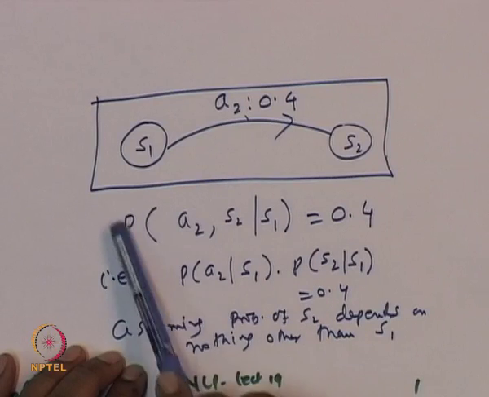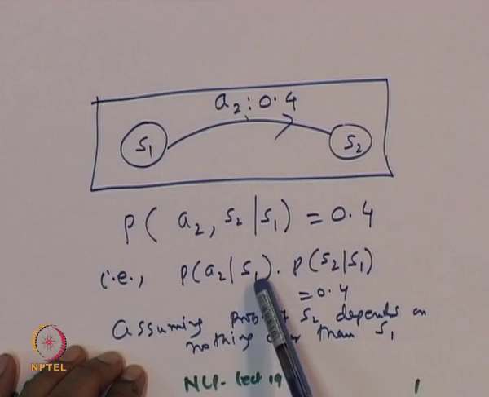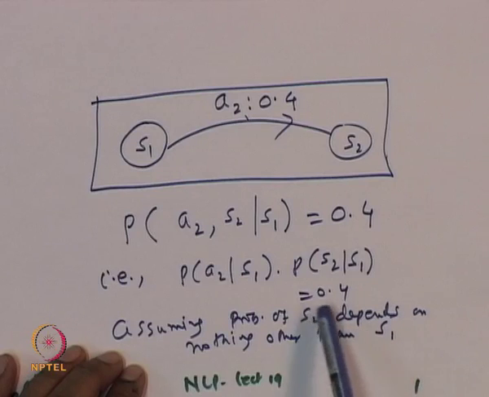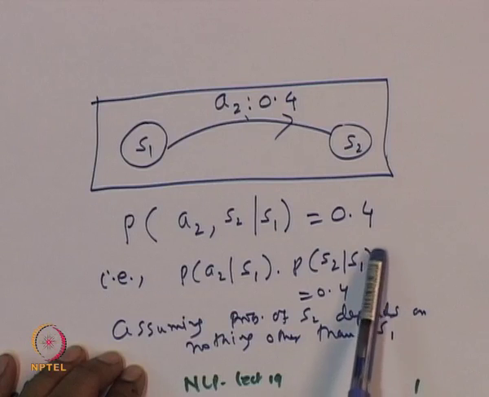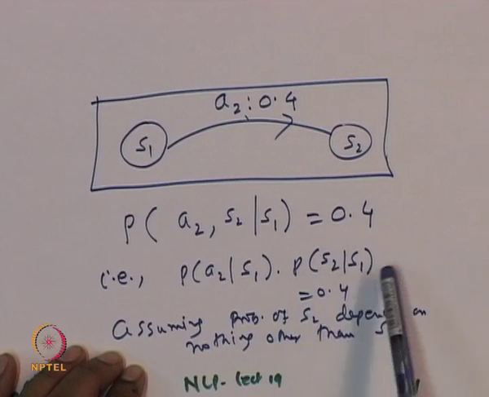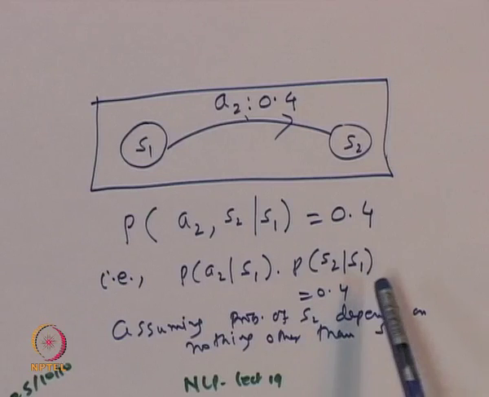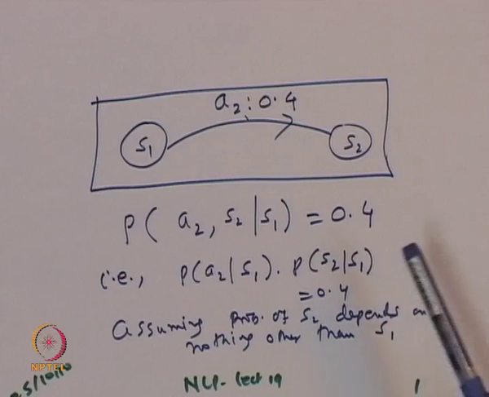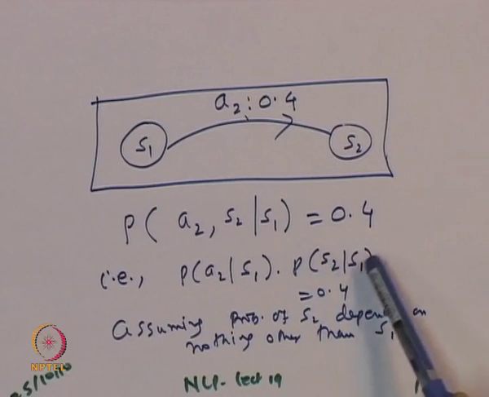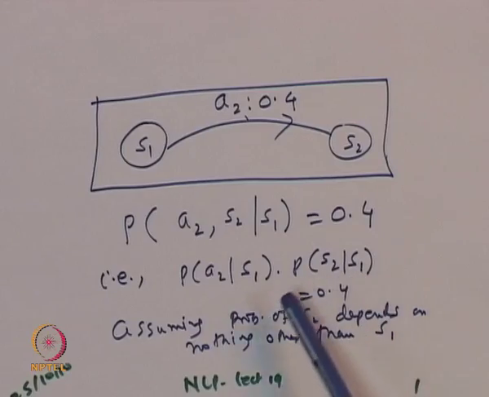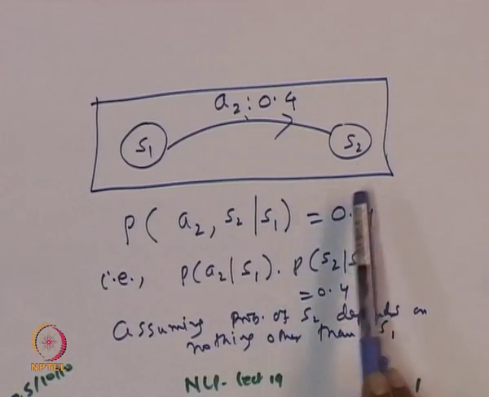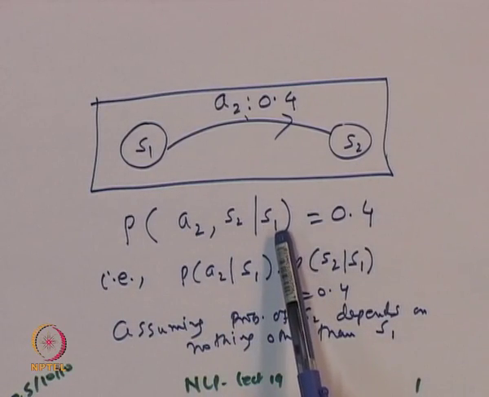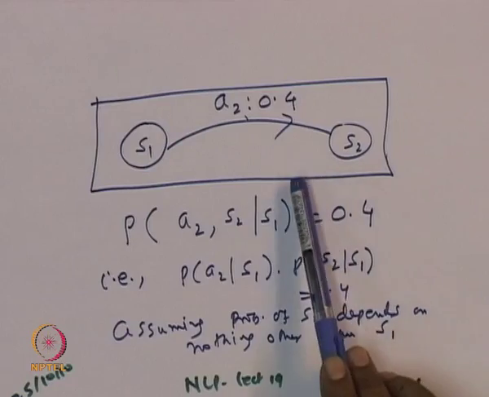Now, this particular probability can be written as P(A2 | S1) into P(S2 | S1), which is equal to 0.4. And the next probability, that is P(S2 | S1), makes the independence assumption that the probability of a state depends only on the previous state and nothing else. So, the meaning of this particular picture is probability of A2 given S1 into probability of S2 given S1.